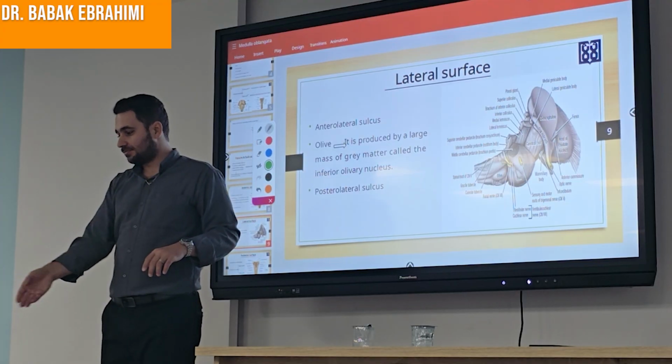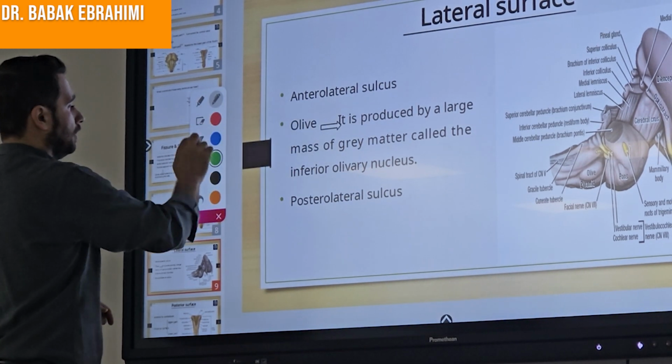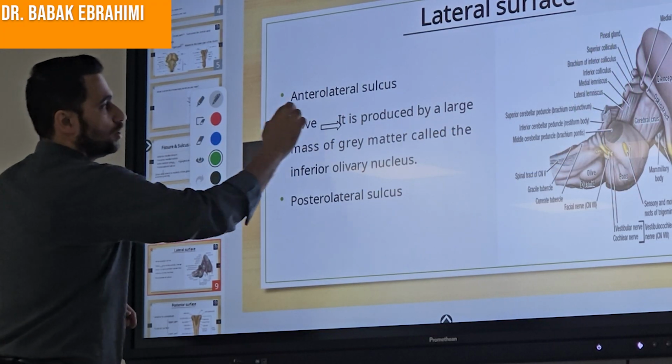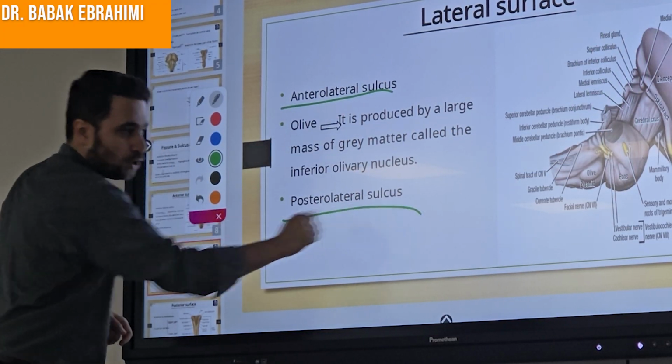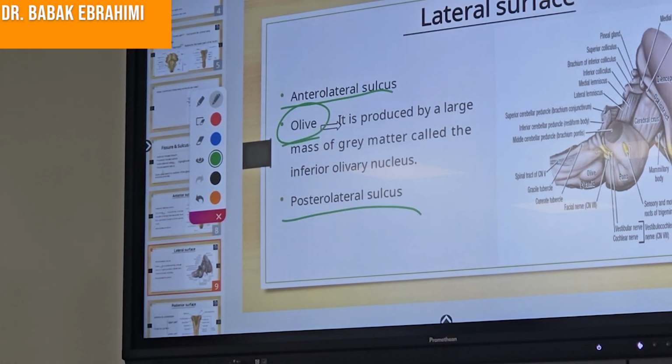At this slide, I want to talk about the lateral surface. Between the anterolateral and posterolateral sulci, looking from this side, in the lateral view, we have the anterolateral sulcus, the posterolateral sulcus, and between them something we call the olive.